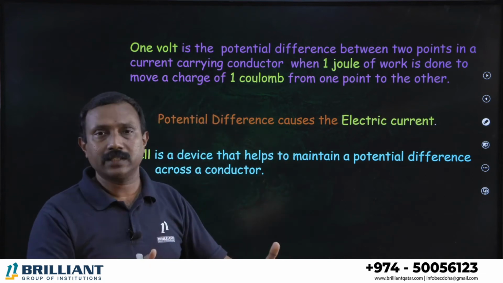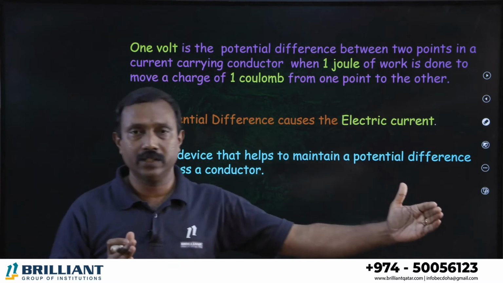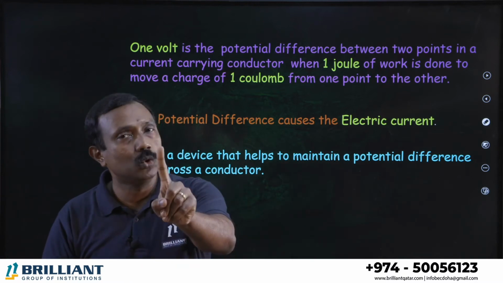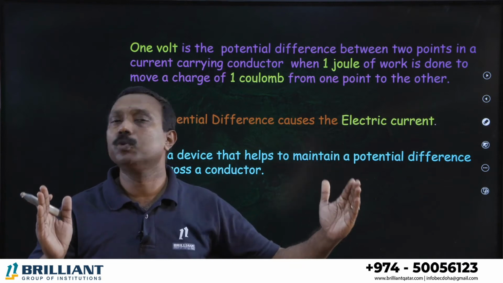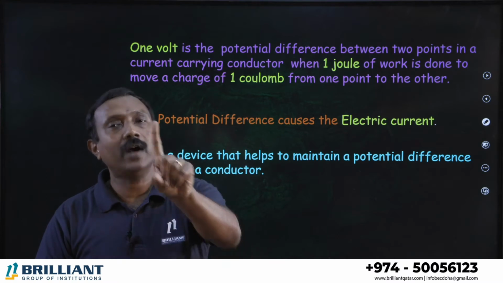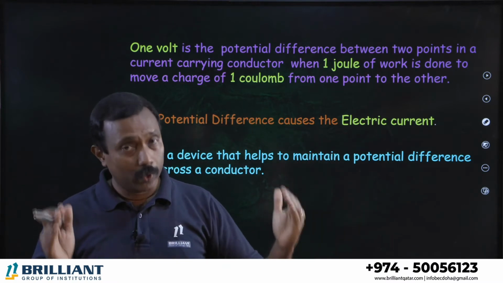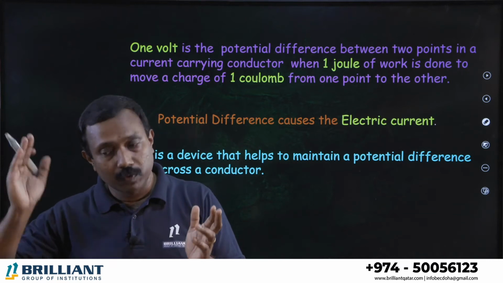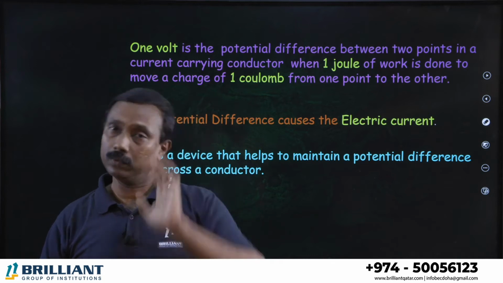So, inside a conductor, if you move 1 coulomb of charge from one point to another by doing 1 joule of work, then we can say the potential difference between the 2 points is 1 volt.